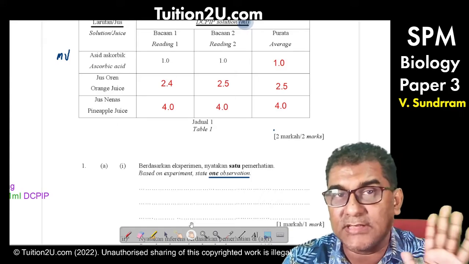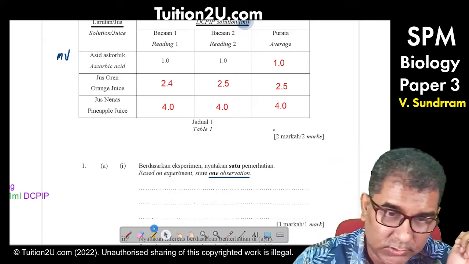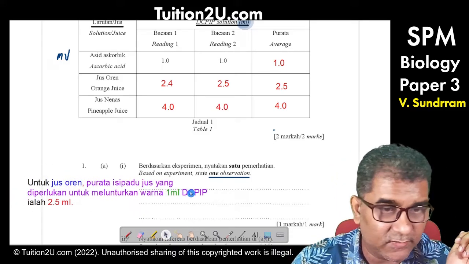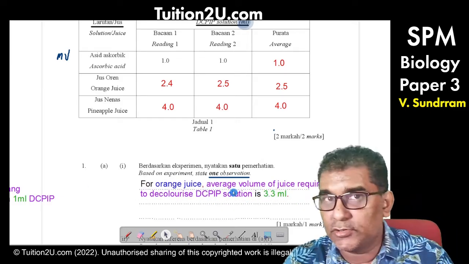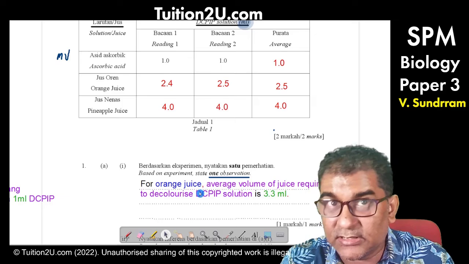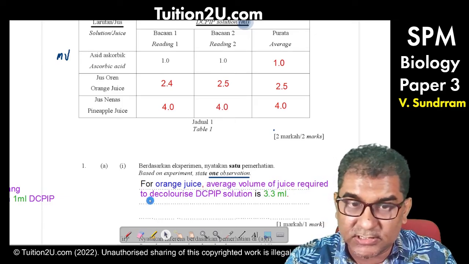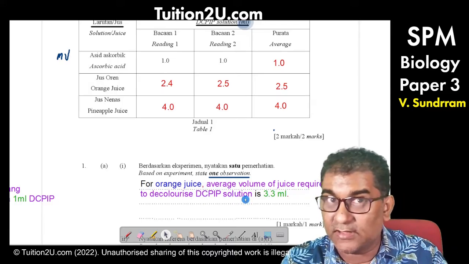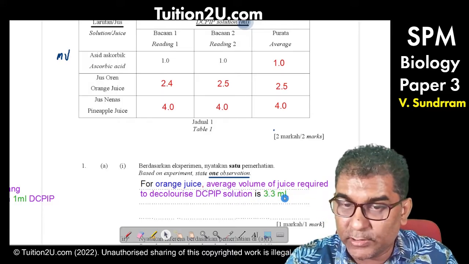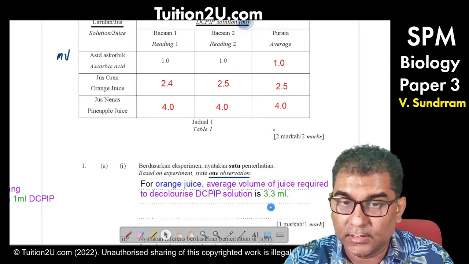Your answer must have all the variables that are needed in the experiment. So the answer I'm going to give is, it is the Malay version here. So orange juice is the manipulated variable. Average volume of juice required to decolorize DCPIP solution is the responding variable. 3.3 ml is data.